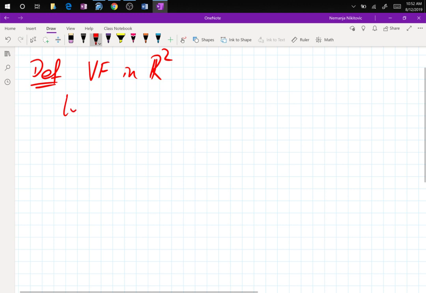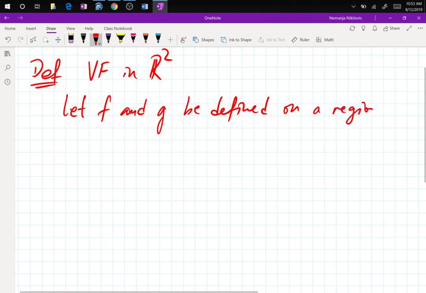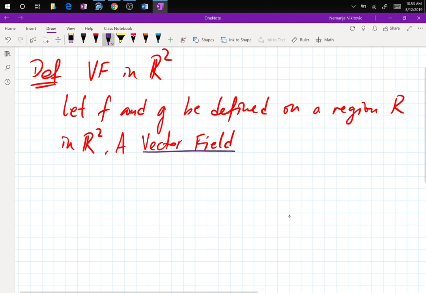So we'll say let F and G be defined on a region R in R2, a vector field, in the future denoted as VF.